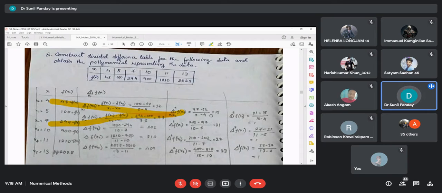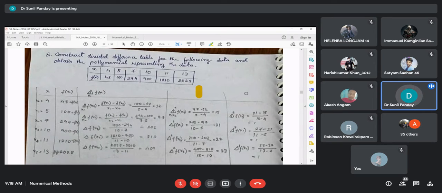So 97 minus 52 by 7 minus 4 gives the second order divided difference. To get this one, 202 minus 97, divided by 10 minus 5, because this is actually from this and this. And similarly you can calculate the other second order differences.